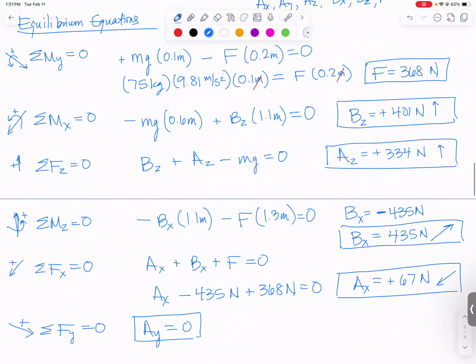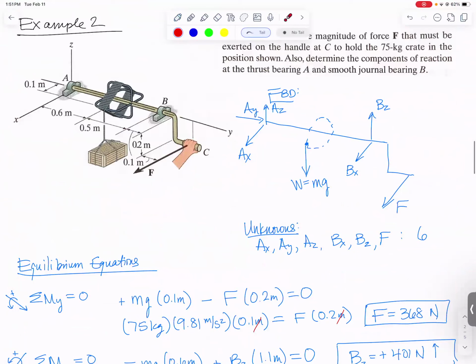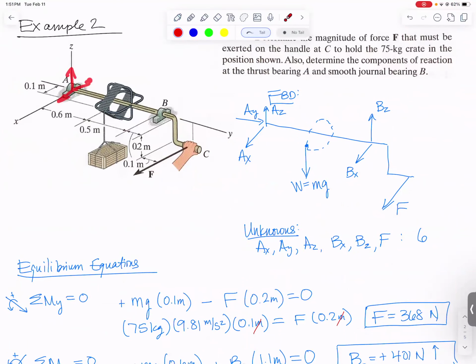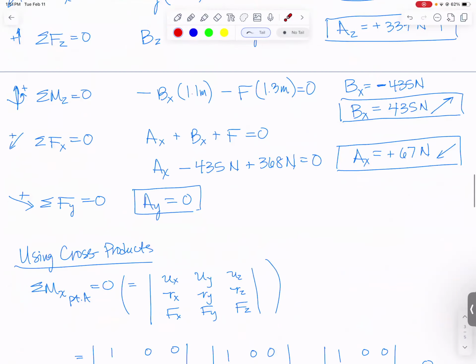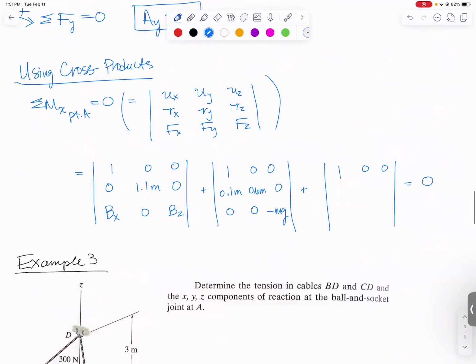Finally, I'm not including here the moment that the forces at point A would cause about this x-axis, because I think you can realize that they are on the x-axis, they have no distance, so they shouldn't be in this equation. But F should, and F is pointed in the x direction. So we'll write the force in here as F, 0, 0.